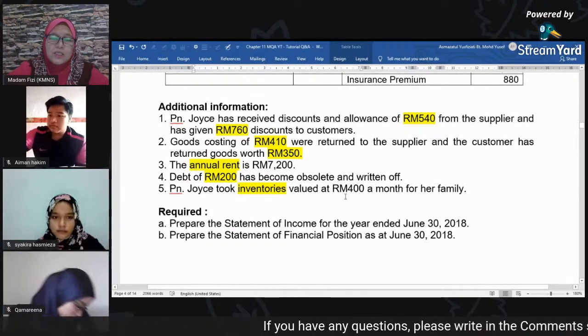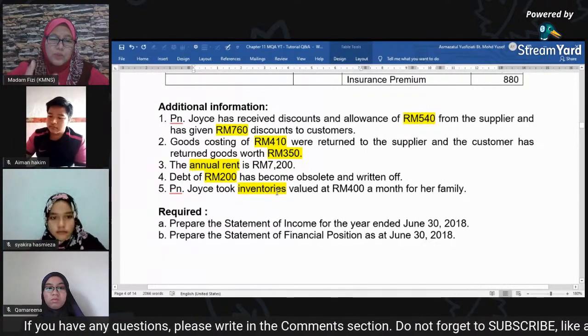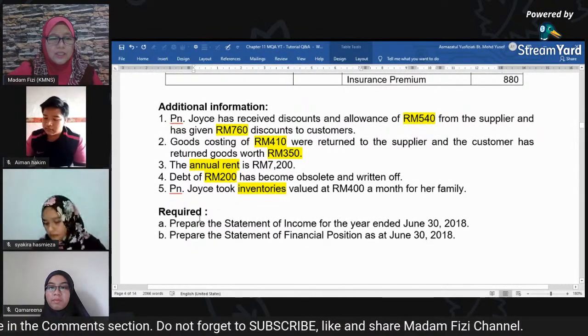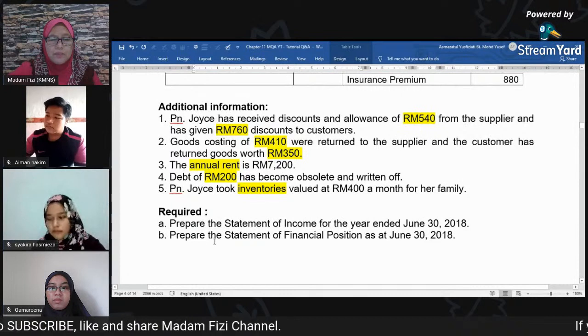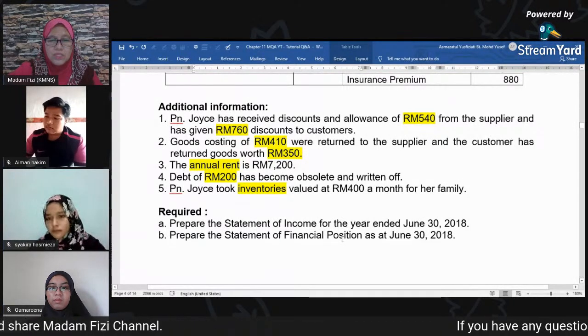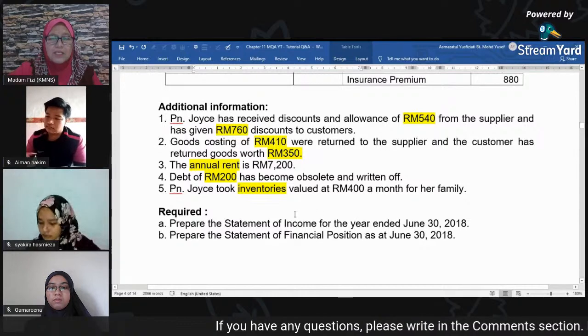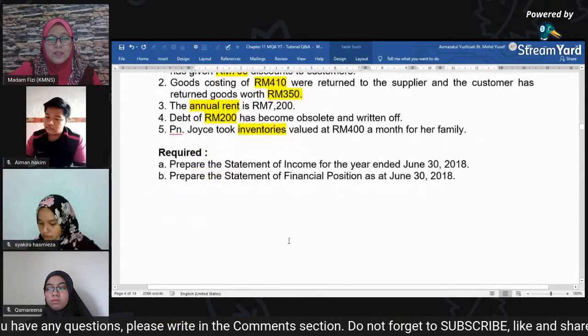400 is not a cash drawing, but it is goods, yeah, because inventories. Okay, so required A, prepare statement of income, and B, prepare statement of financial position. Okay, the question is so easy, but you have to calculate one by one.